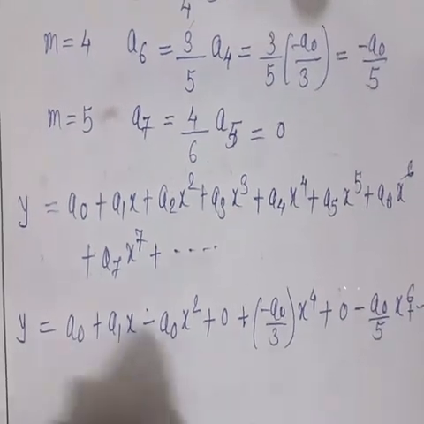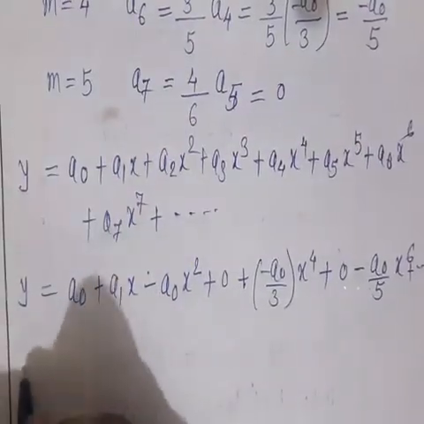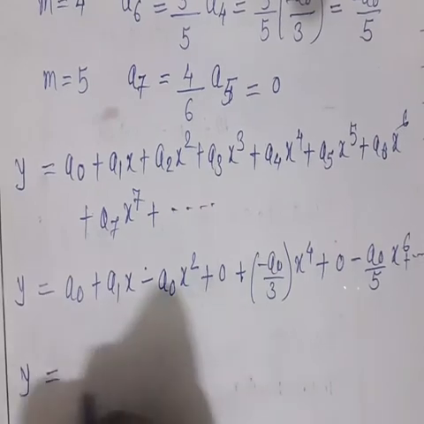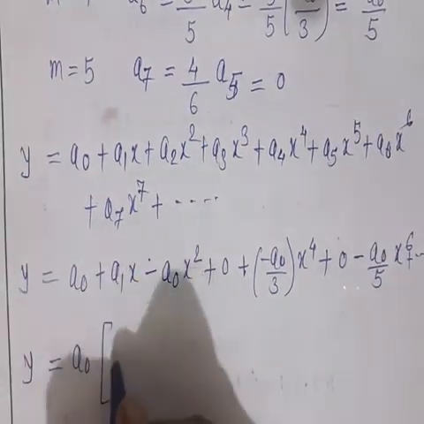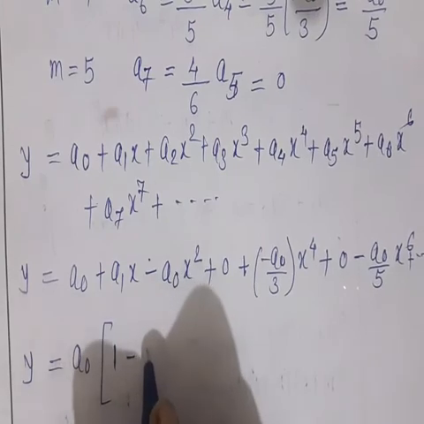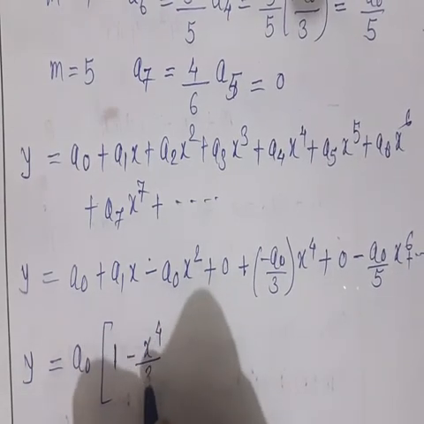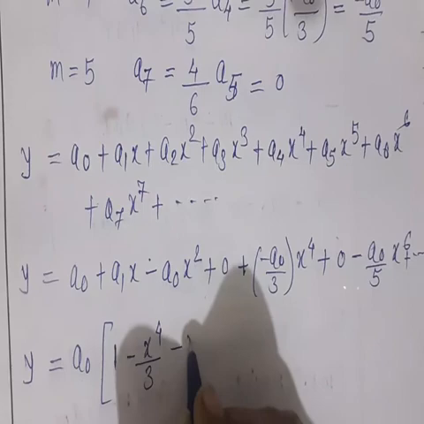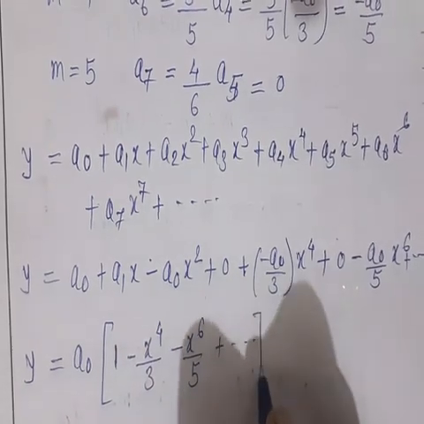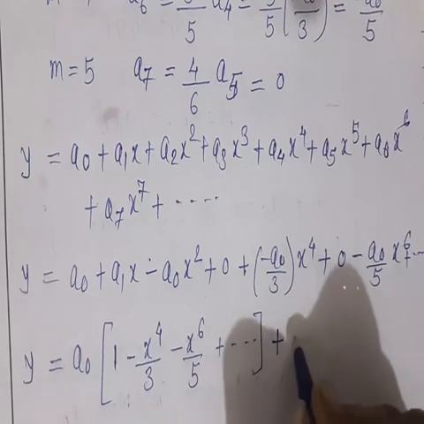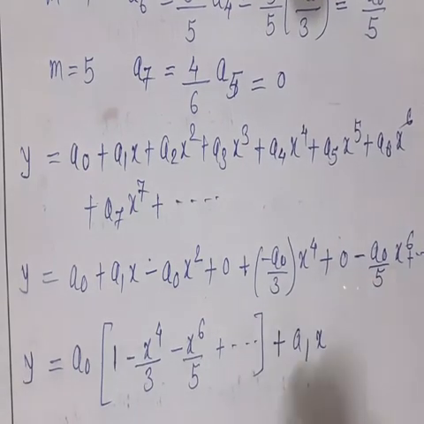So y can be written by taking a0 terms common. If we take a0 common, here the coefficient is 1 minus x square minus x to the power 4 by 3 minus x to the power 6 by 5 and so on, plus a1 multiplied by x.